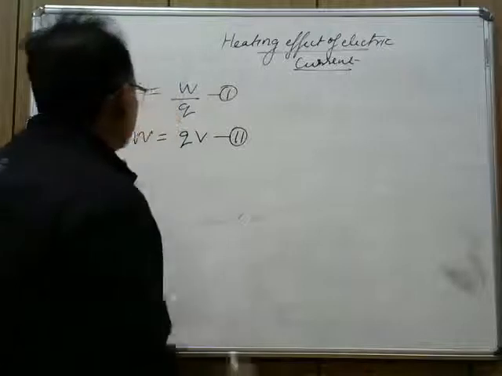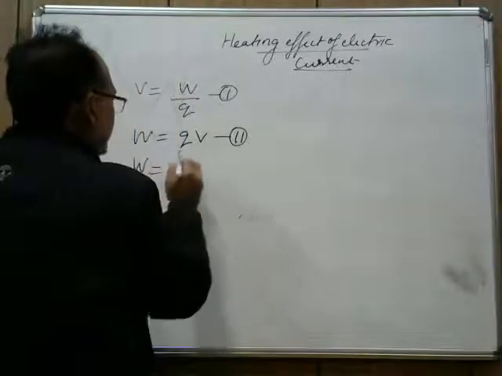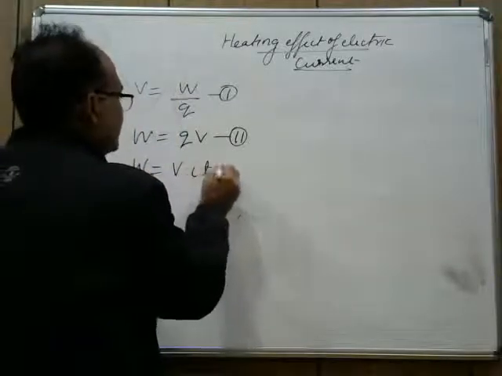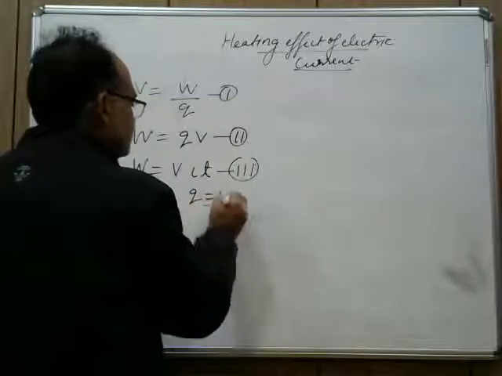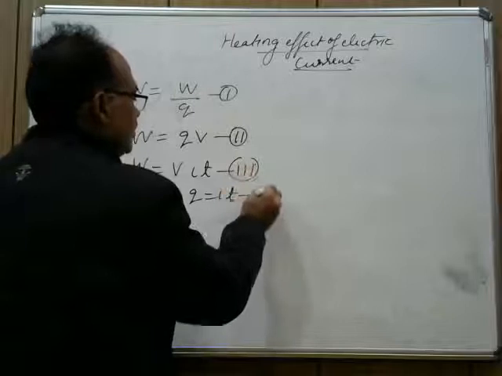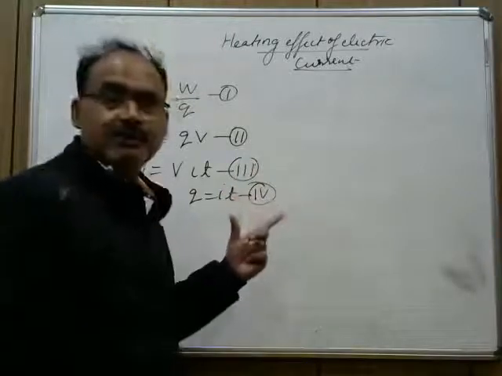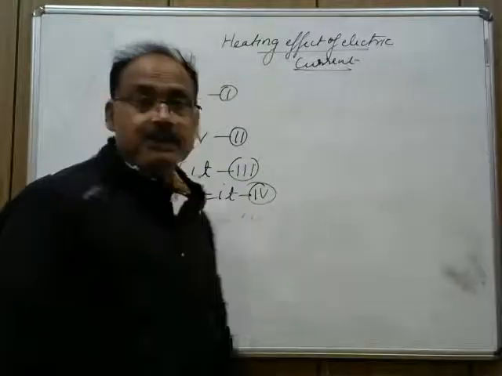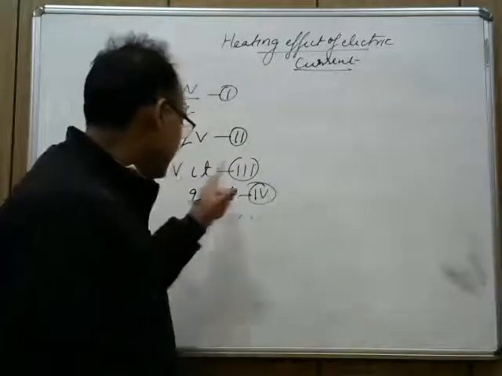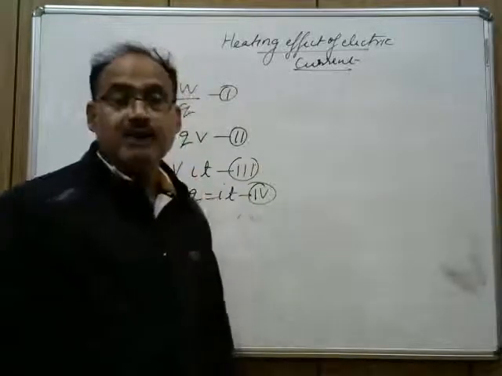Or we can say W is equal to VIT. We have replaced Q, Q is equal to IT. This is 4. Q IT के बराबर होता है. Now, this is work done by the cell in time t when current I is flowing through the cell.